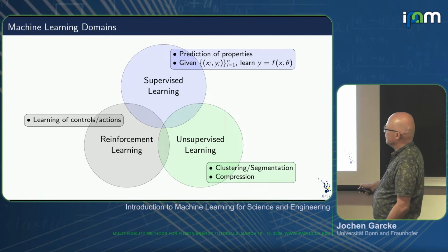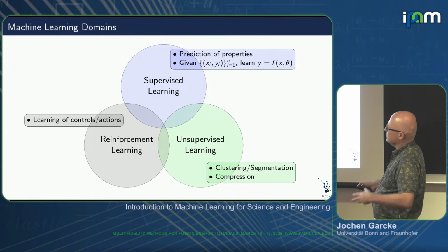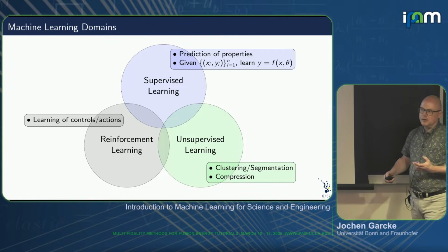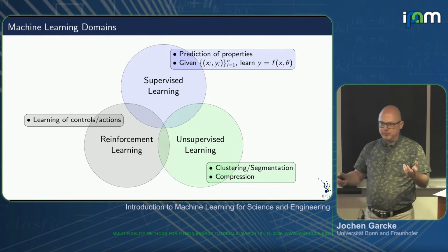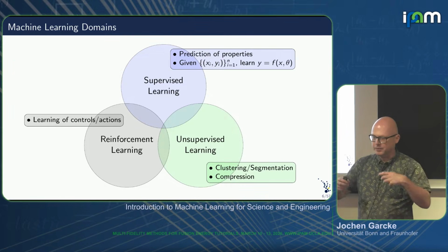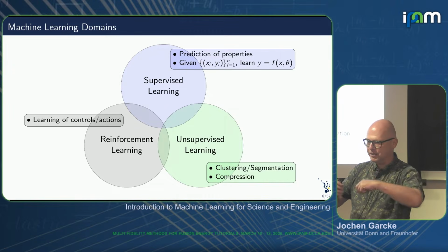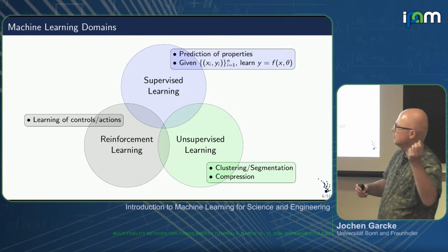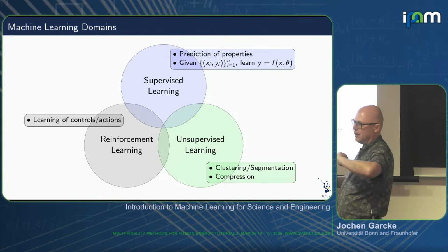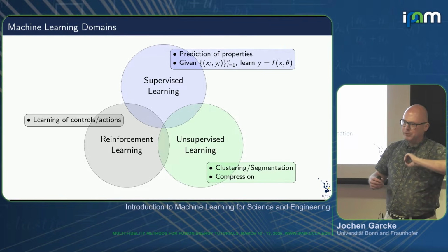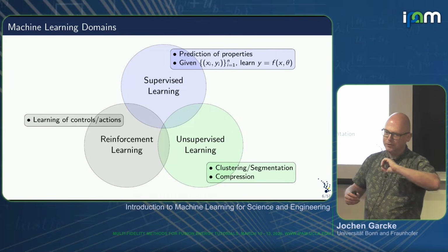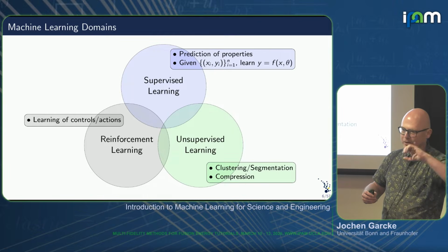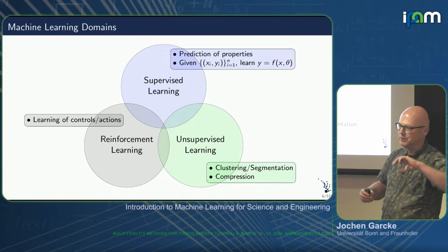And then there's reinforcement learning, which, from the mathematics perspective, is more like optimal control, but you don't know the model. Optimal control is where I have a model of my state system. I know if I do this action, this is happening, and then I can optimize which action to take. In reinforcement learning, I maybe don't know the model, and I maybe don't know the optimal reward function, what I want to optimize, and have to learn it.